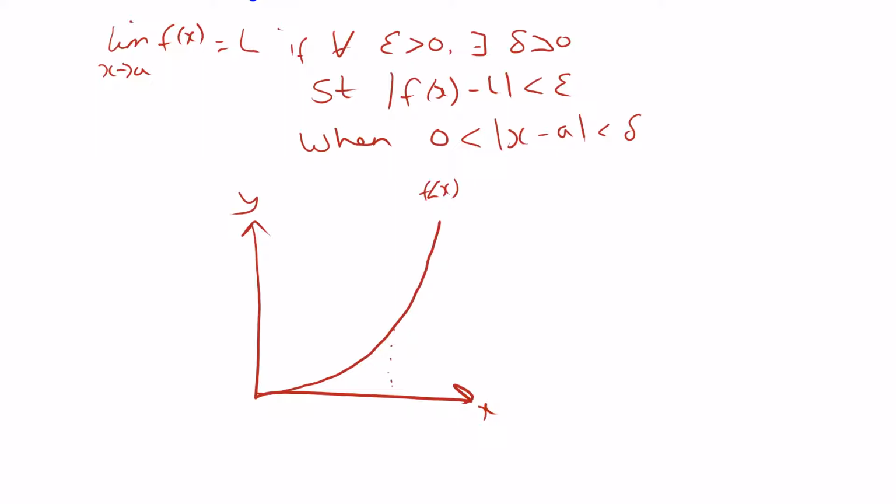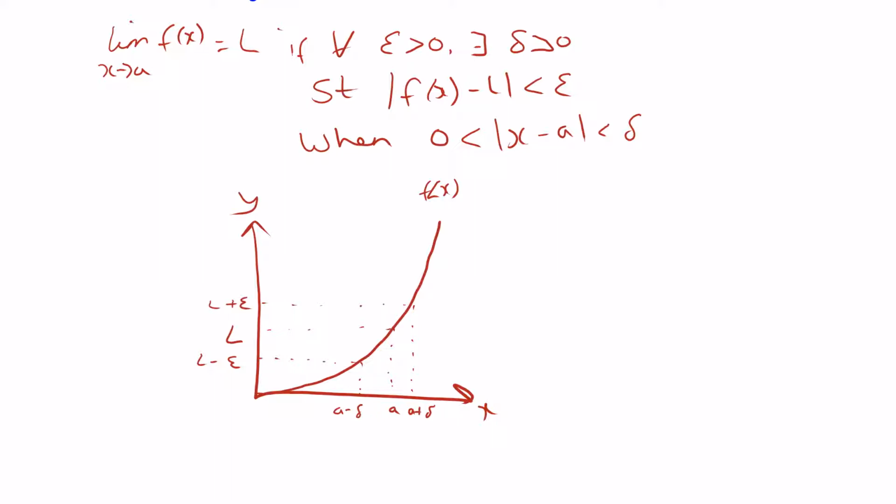We're going to take this point here as a, and the corresponding y ordinate is going to be our limit L. So if we take this point, which is going to be a plus delta, and we can have a minus delta, where delta is a small value, then the corresponding y ordinates are going to be L minus epsilon and L plus epsilon.